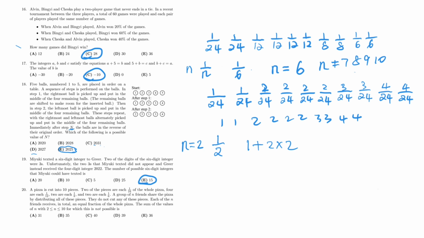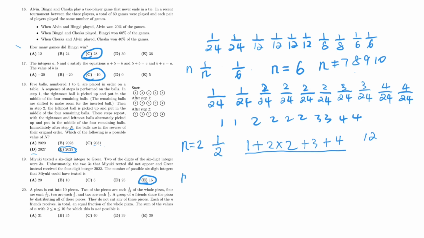For the 2s, we use 2, 2 for one person. For the 3s, each person gets one 3. And the 4s, each person gets one 4. So the total is 12. So each one gets 12 over 24, that's 1/2. So this works.